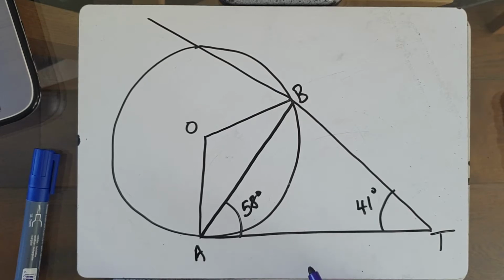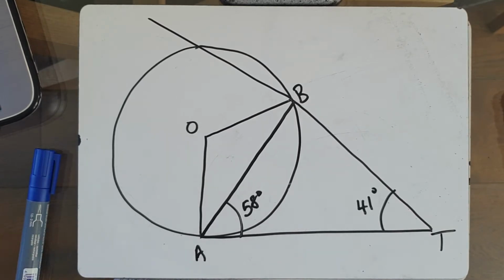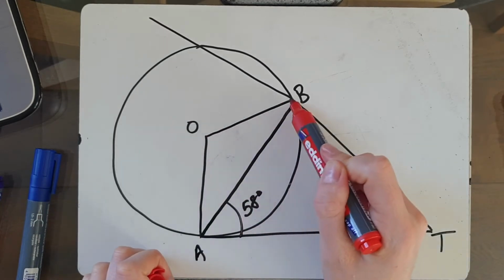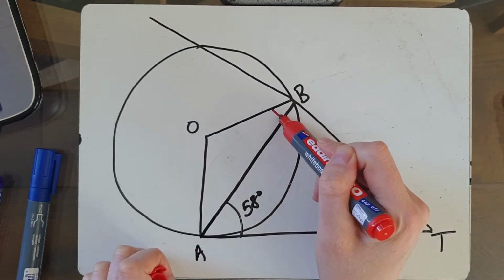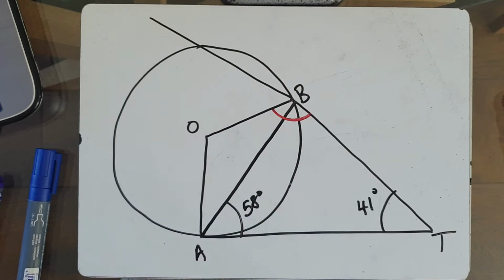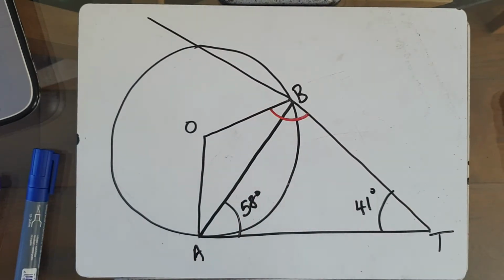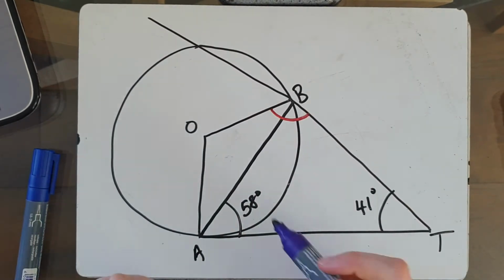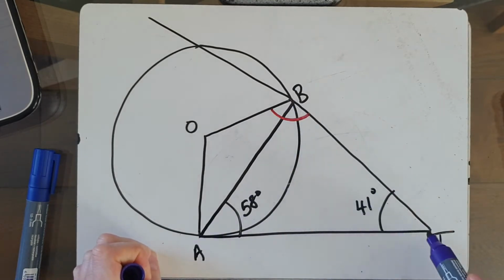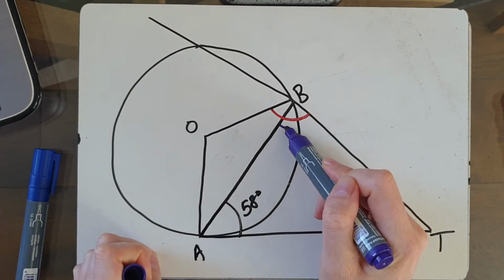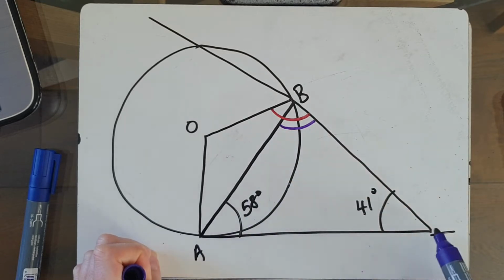So what can we do? Well, what angle are we trying to find? We want to find OBT. So we want to find that angle, this entire angle here. We can find part of that angle already because A to B to T lies inside of a triangle where we've already got two of the angles.